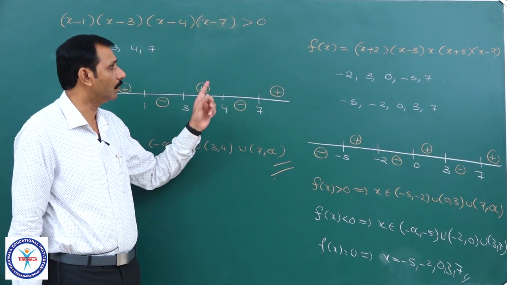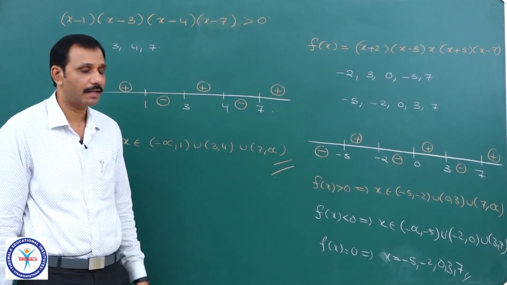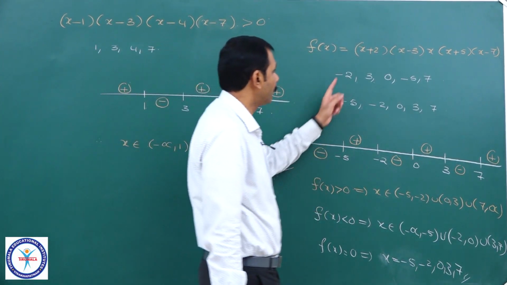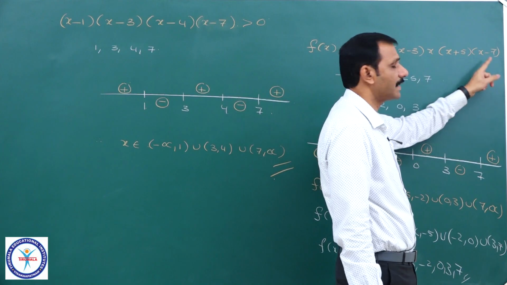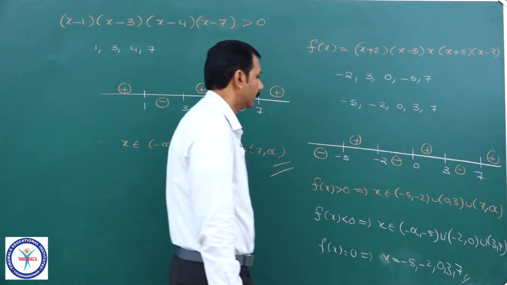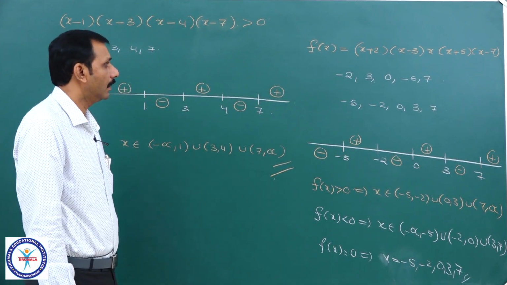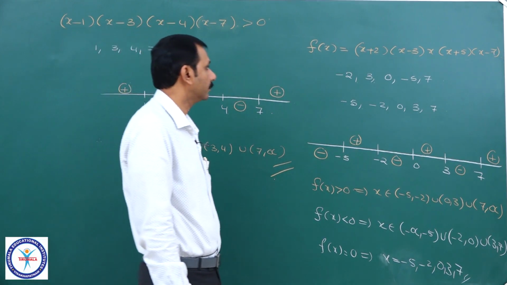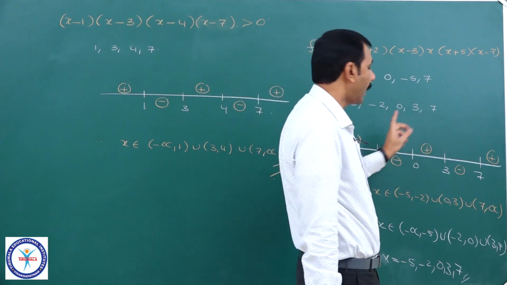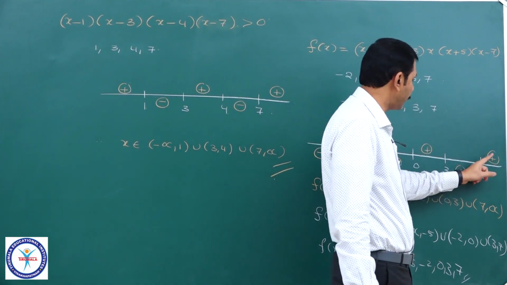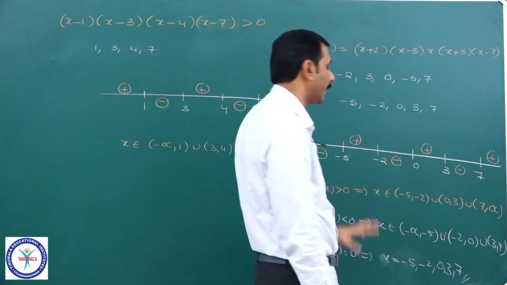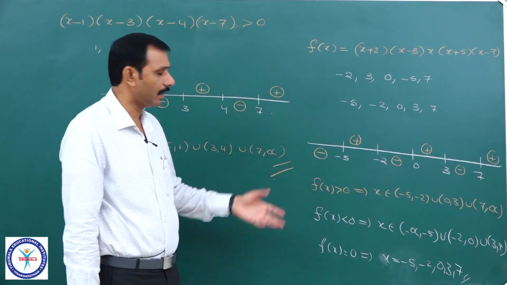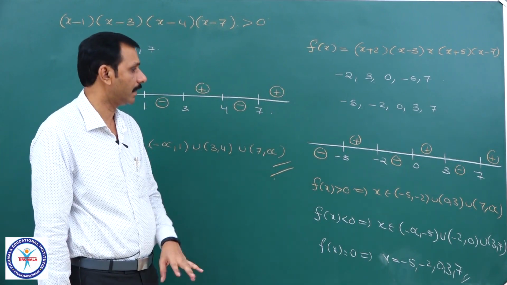Very simple to write the sign of this expression, (x plus 2) into (x minus 3) into (x plus 5) into (x minus 7). Write the zeros of that polynomial or that expression. Write in ascending order and mark on the real line. Extreme right always positive, negative, positive, negative, positive, negative and so on. And collect the intervals where it is positive and where it is negative, that's it.